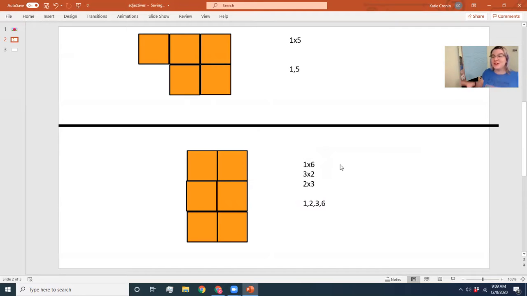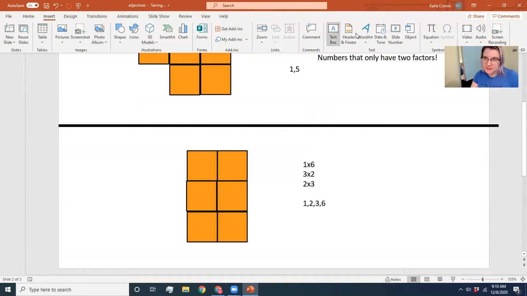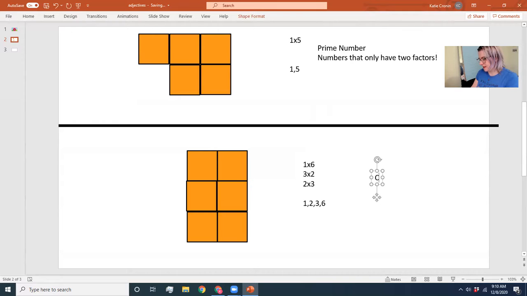Now, there is a name for the difference between these two numbers. 1 and 5 are the only factors of 5, which makes it a prime number. Prime numbers are numbers that only have 2 factors. Just like 5. The only 2 factors are 1 and 5. So then what do we call 6? A composite number.